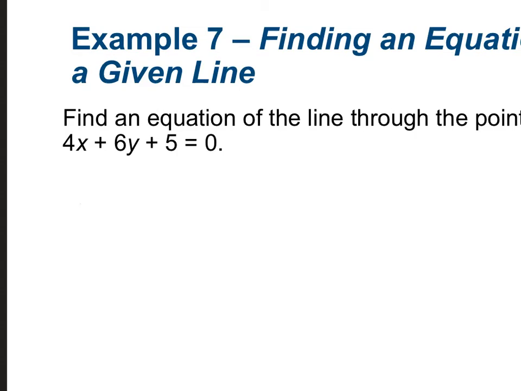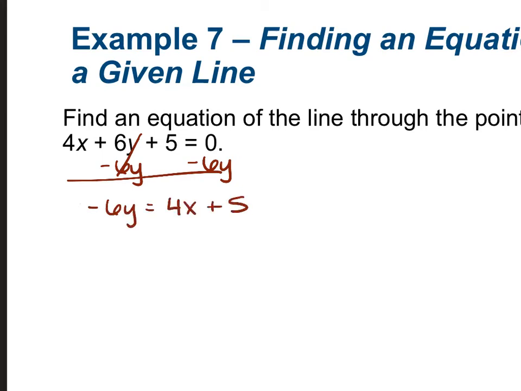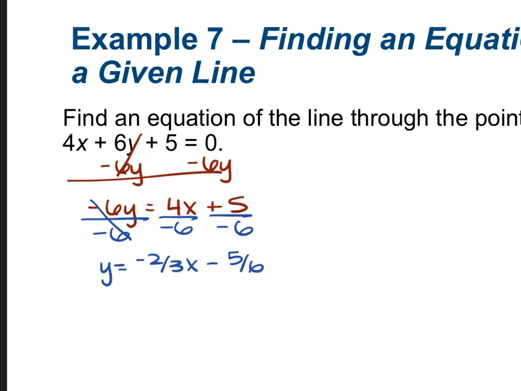So we move that 4x and 5 by subtracting them from each side, and we're going to have 6y is equal to -4x minus 5. Then we divide everything by 6 to get y by itself, and we have y is equal to -2/3 x minus 5/6.